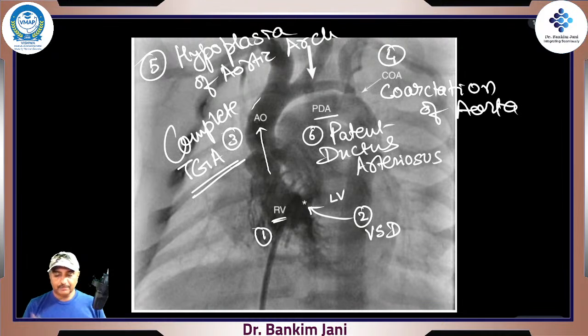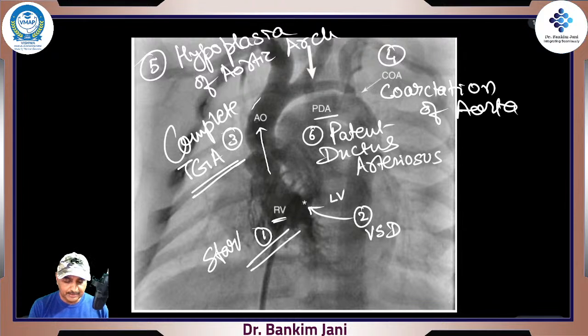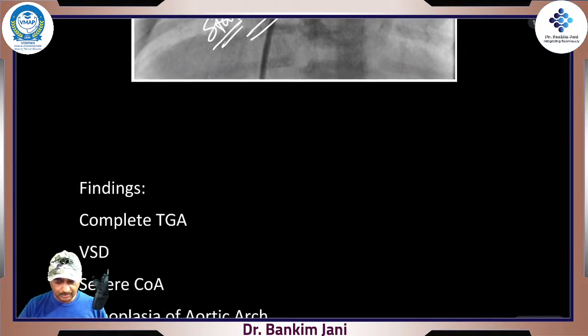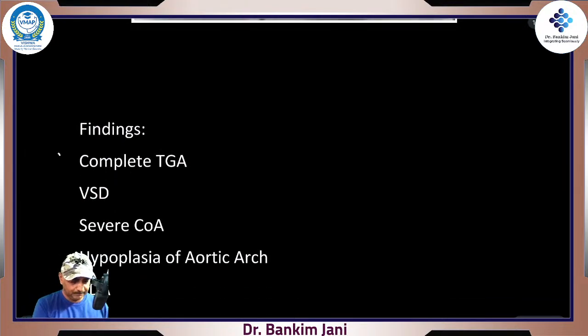So there are 5 complications. I wrote one because this is just to indicate that from here we start, right? So it was for understanding. So basically 5 complications. One, complete TGA. Second, we saw that ventricle blood was going into the left ventricle, so that is ventricular septal defect. There is severe coarctation of aorta. Yes, we saw that.